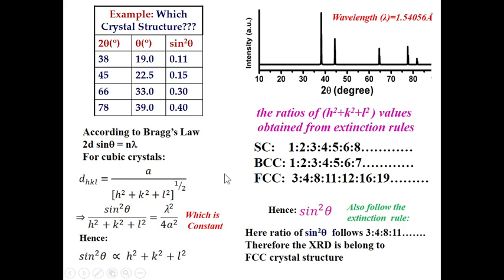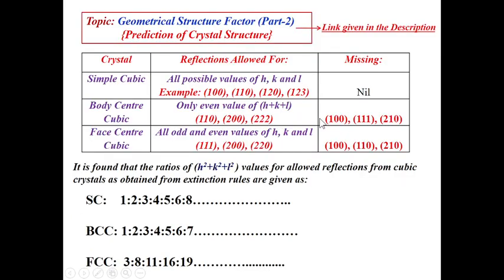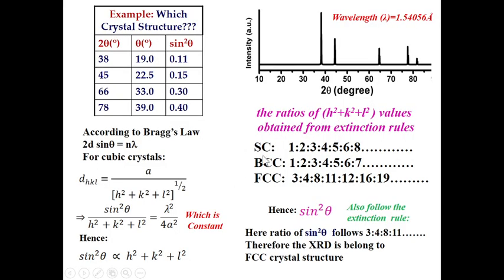This is the method we use to determine the crystal structure from the XRD pattern we find after reflection. Here we discussed simple cubic; for other crystal structures this type of method is used as well.